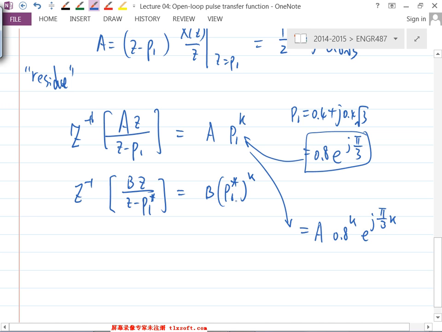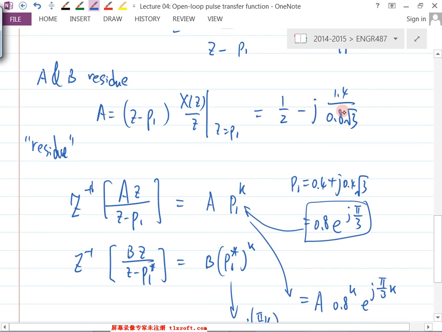The second one, similarly, you get 0.8 to the power of k e to the power of j negative pi over 3 k. And then you also have A and B, which is just 1/2 plus that thing there.